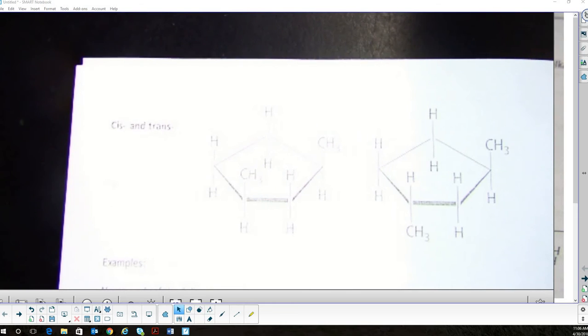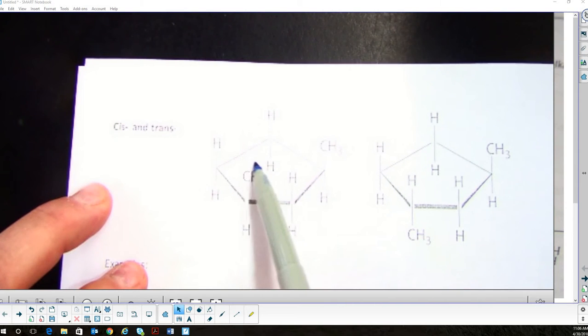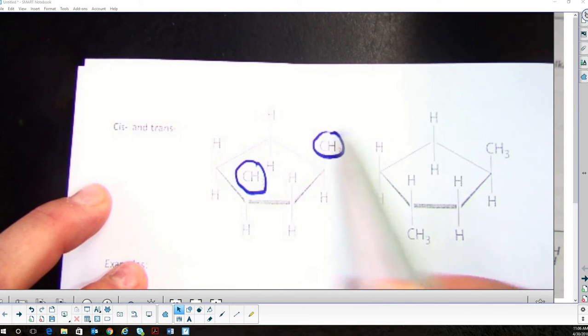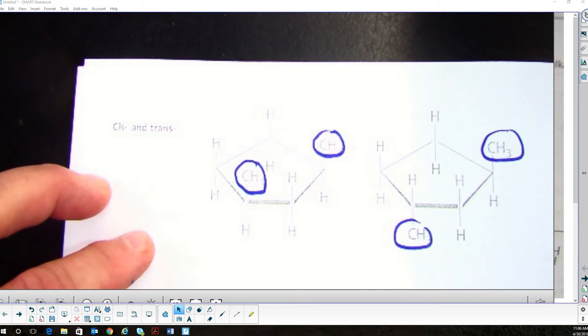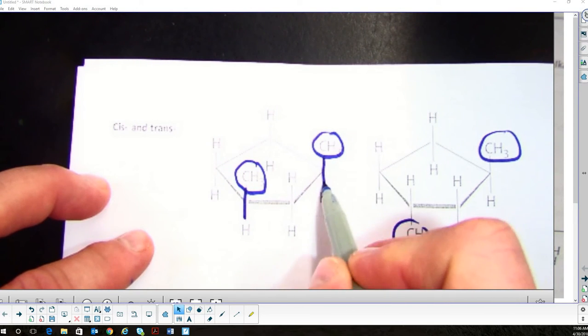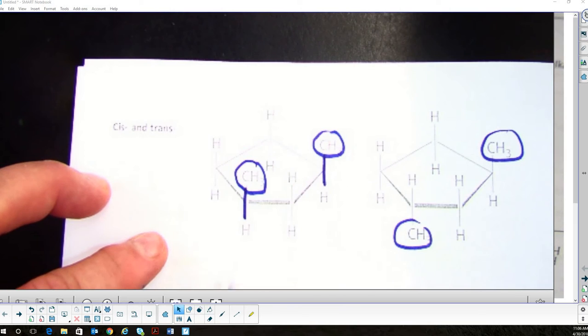When we're looking here, what we're looking at are the carbon or methyl groups that are attached. Okay? So on this carbon one, if you look at where it's going, they're both on top.